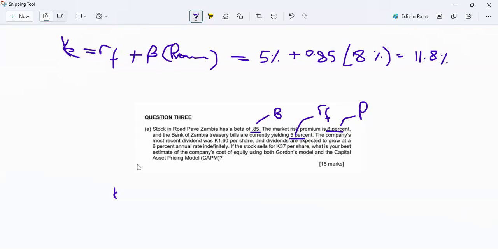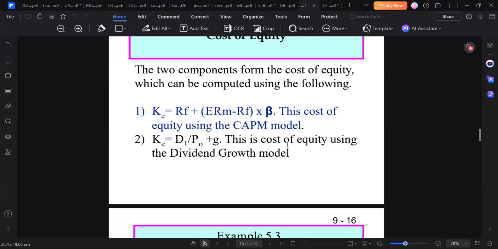Then we use now the Gordon's model. What is the formula for the Gordon's model? D1 over P plus growth. This is what we call the Gordon's model, right? Only two valuations.